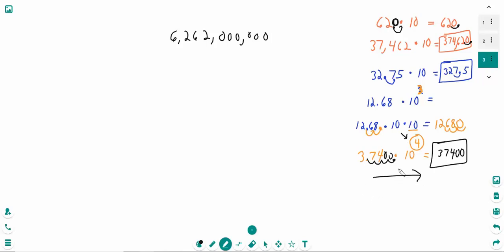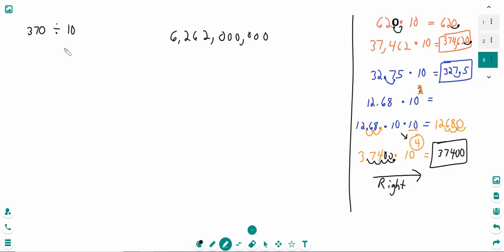Okay? Now, the same thing applies for when we divide by 10. So if I have something like 370 and I'm dividing it by 10, okay, what happens then? If I divide it by 10, that means that I move the decimal point not to the right. Over here I moved the decimal point to the right.